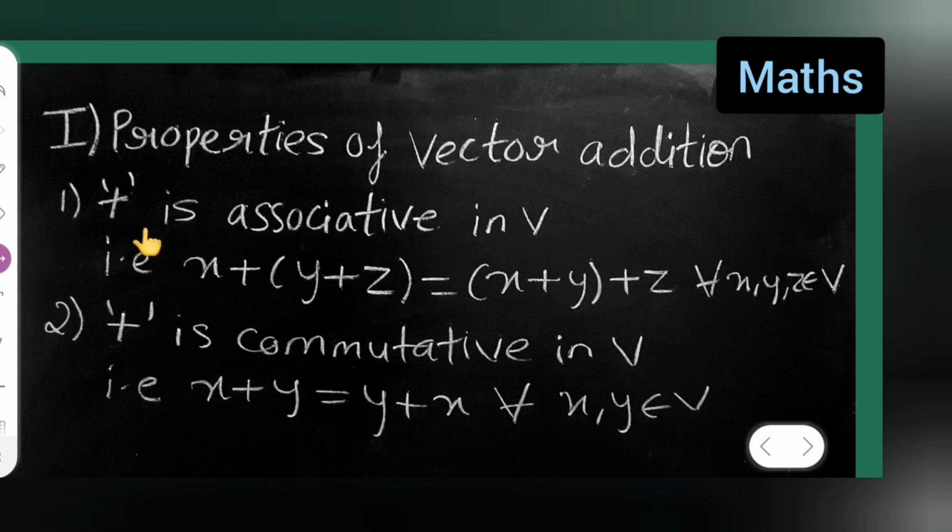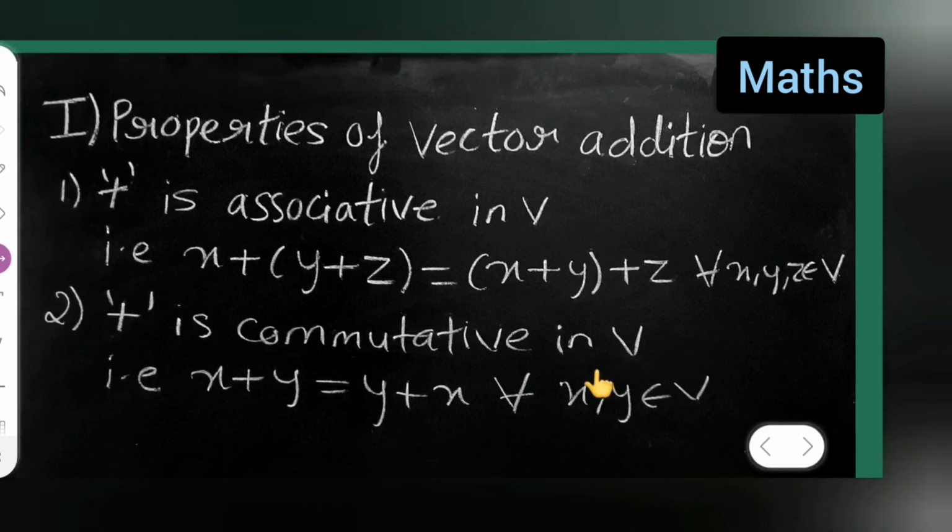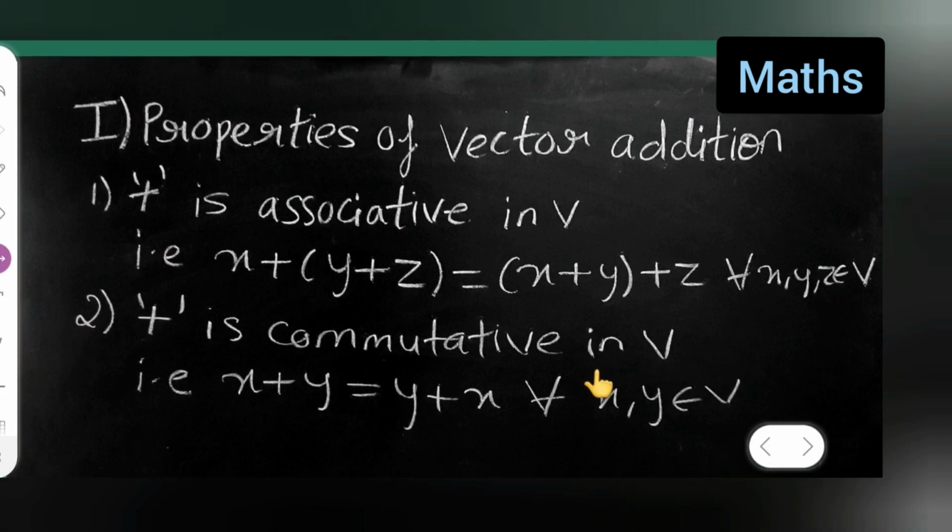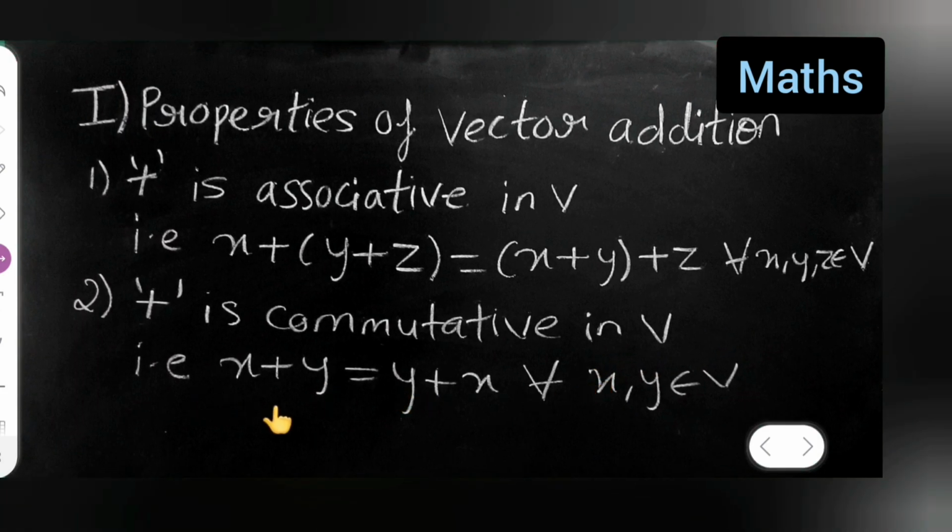First, plus is associative in V, that is x plus (y plus z) is equal to (x plus y) plus z for all x, y, z belonging to V. The second one is: plus is commutative in V, that is x plus y is equal to y plus x for all x, y belonging to V. So it should be associative and it should be commutative.